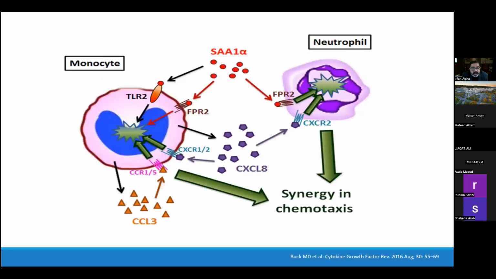Again, this is why SAA comes out. It works on monocytes and neutrophils and helps orchestrate immune response. It orchestrates chemotaxis, and that's the intended biologic function.